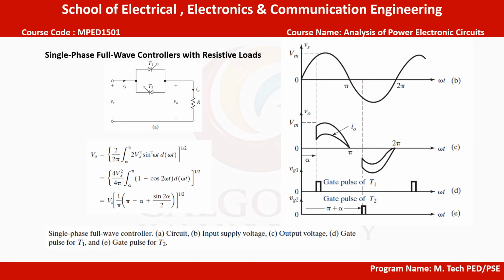The gating circuits for thyristors T1 and T2 must be isolated. It is possible to have a common cathode for T1 and T2 by adding two diodes across the two thyristors. So diode D1 is connected across T2 and diode D2 is connected across T1.